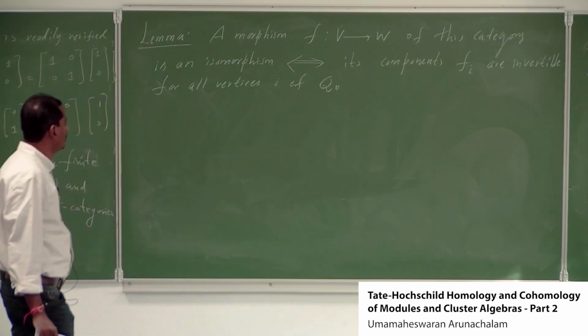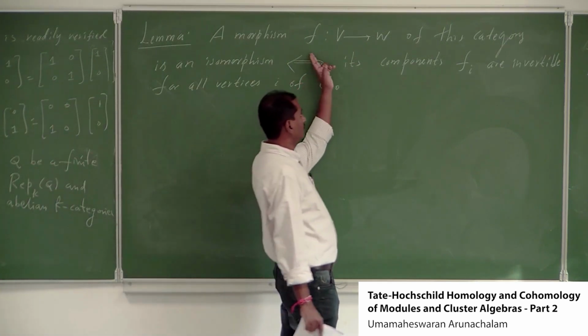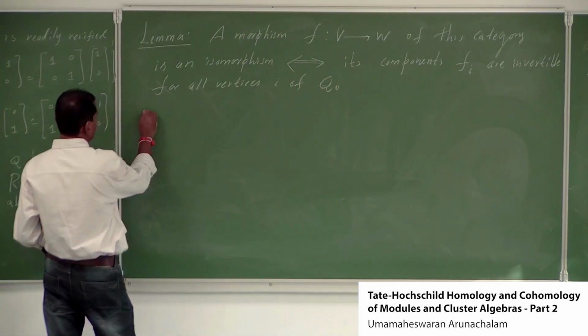So Fi are invertible for all vertices i of Q naught. That means this map is an isomorphism. This is if and only if. So, an example for this lemma.